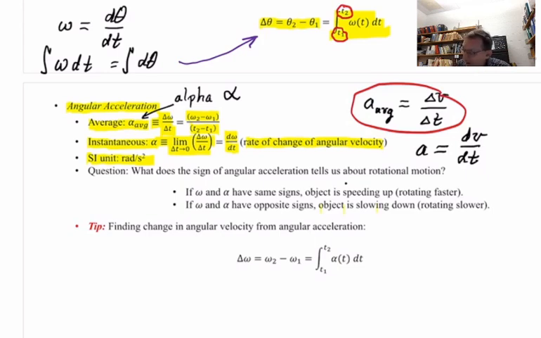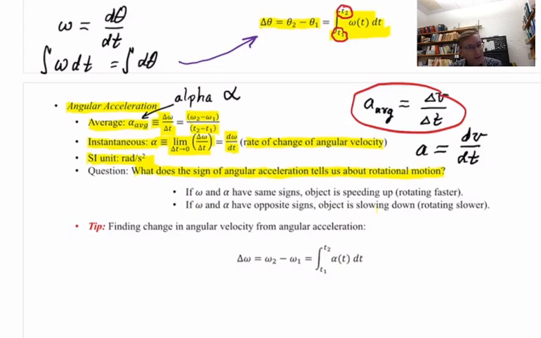Okay, here's a rather important thing to emphasize when you're talking about a rotating rigid body, like the bicycle wheel I've been showing you. And the question is this: what does the sign of the angular acceleration tell us about the rotational motion? Let's step back a minute. What does the sign of the angular velocity, omega, tell us about the rotational motion?